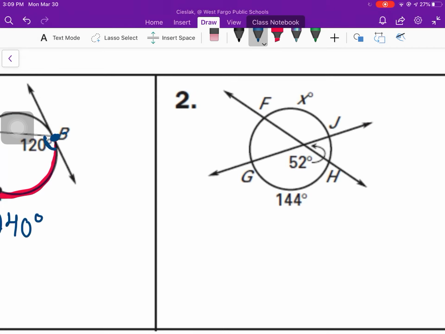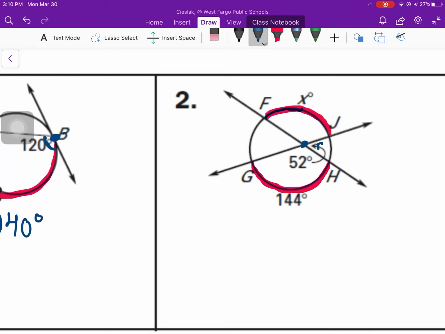Okay, this next one, we gotta find X there. So, in order to find X, what do we have to do? Okay, so notice that X right here, this one and this one would be going together if we think about them intersecting on the inside of the circle.